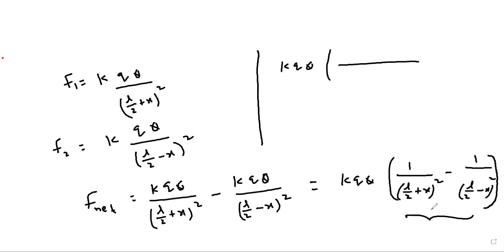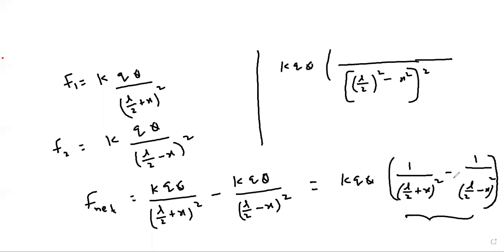You can observe that the product of these two, this is a plus b and this is a minus b, gives a square minus b square. Directly I am writing (L/2) whole square minus x square, whole square. Just write that as it is.